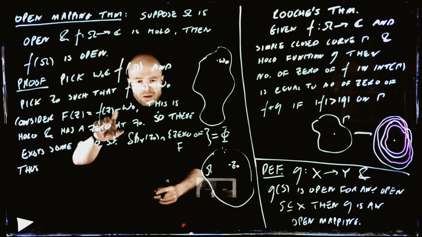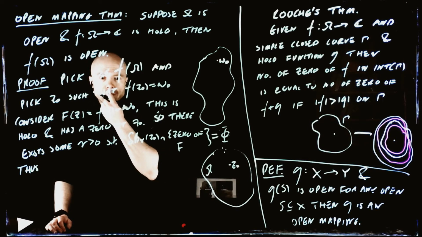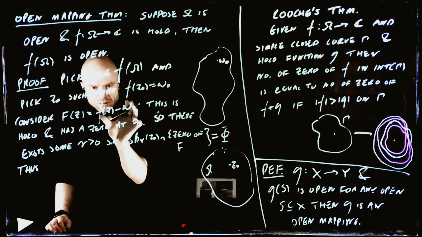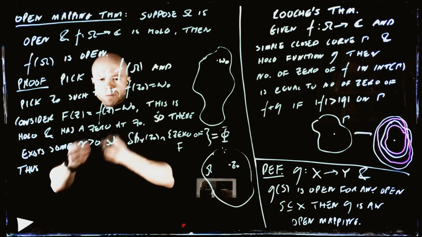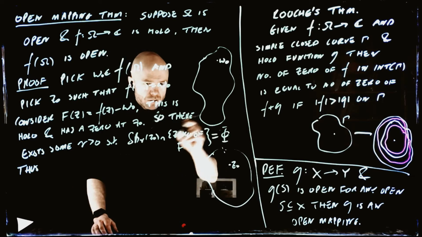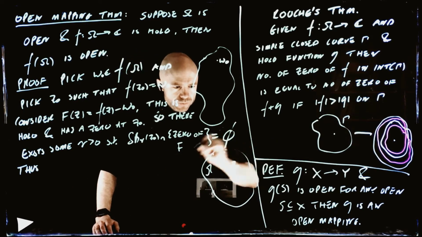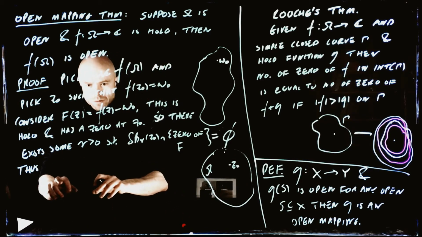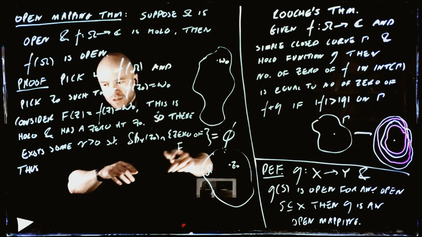that if we take the absolute value of capital F, then the absolute value has to be strictly bigger than 0 on the boundary of the ball. Because if that wasn't true, by compactness we could find a point such that it actually was a 0.